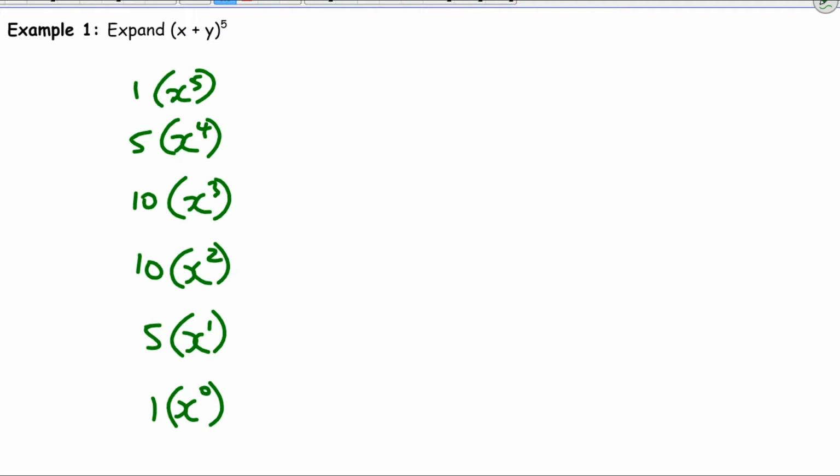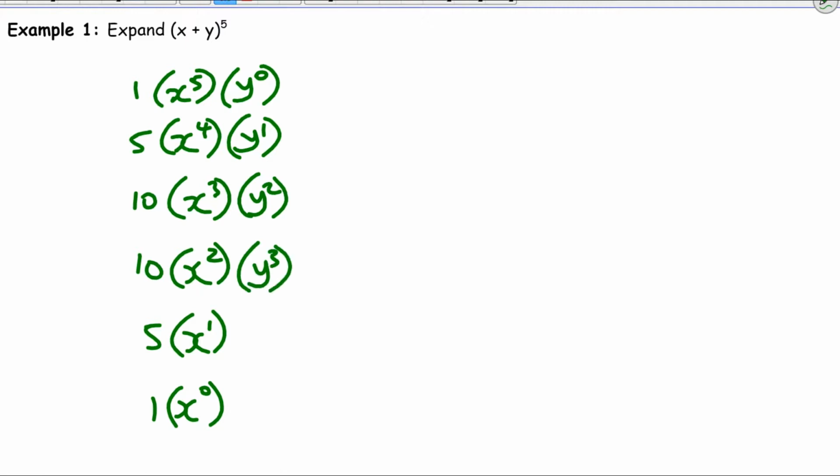The second term is y, and these are increasing from 0 to 5. So y to the power of 0, y to the power of 1, y to the power of 2, y to the power of 3, y to the power of 4, and y to the power of 5.